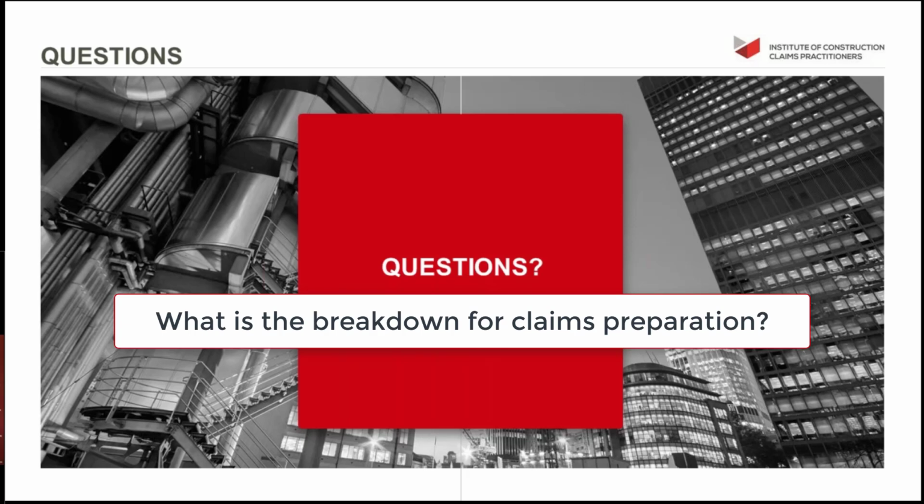If we're talking about an overall claim, what I would do is direct you to some of the information that we have available within the Institute and some of the template documents that are exceptionally good for actually compiling your claim, putting all of the various heads of claim that you need in there, and the process that you would need to go through to establish the circumstances that the claim arises from, the conditions of contract that you're claiming under, and the circumstances that give rise to the claim.